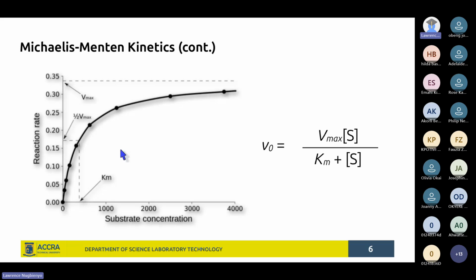Out of the representation of the rate of enzymatic reaction on these various factors which we just looked at, Michaelis and Menten were able to come up with an equation which relates the rate of reaction, say V naught, to the maximum rate of reaction, which is Vmax, the point at which the rate of reaction does not change.